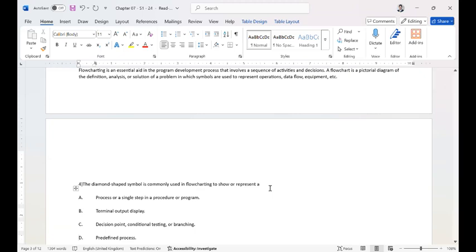The diamond shaped symbol is what? We have various symbols. You have to have some idea what these symbols mean in flow charting. So when you see the diamond symbol, with four corners, what is that?